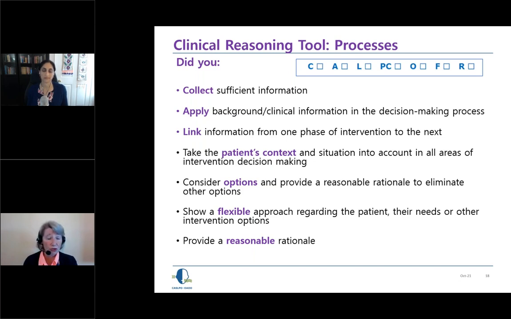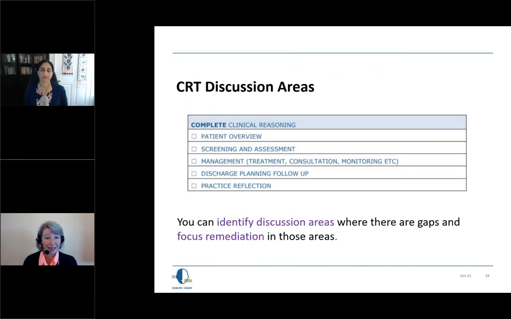They don't just choose one every single time that they're providing intervention. There are options and a sort of bag of tricks that they can look at, showing some flexibility in how they approach the patient and the options, and above all, reasonable rationale, that they can explain why they did what they did.